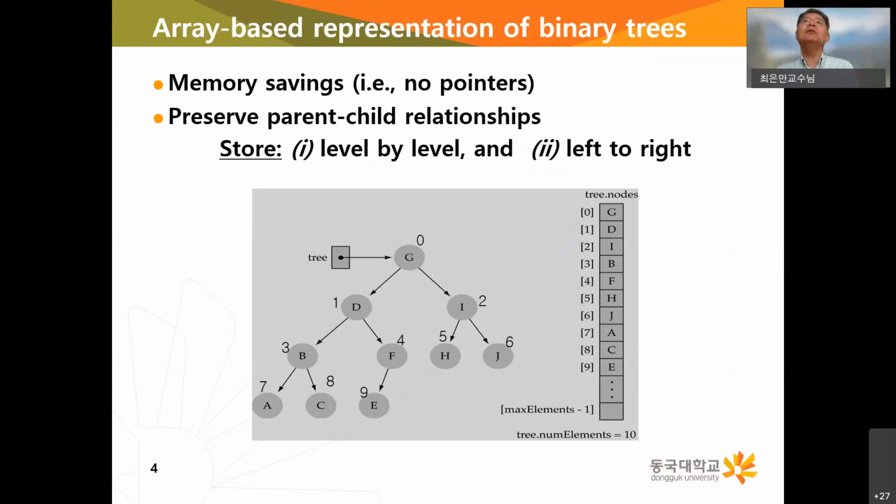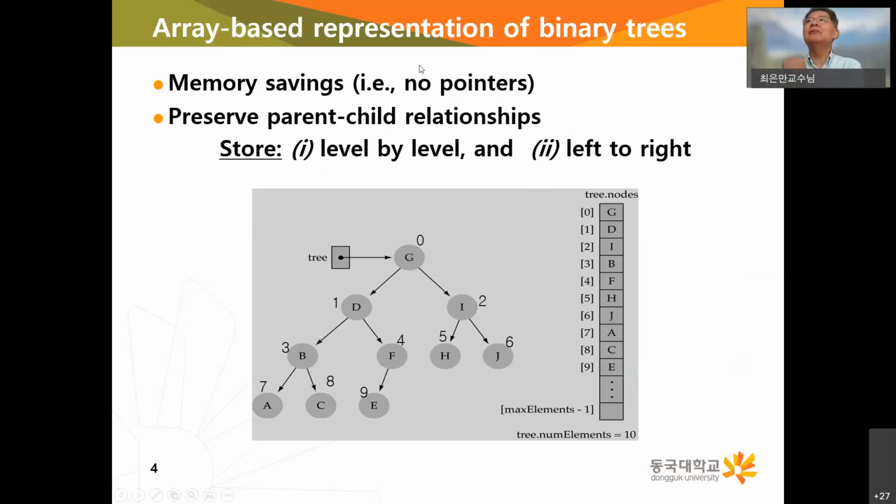Okay, next one. All right, that's the complete binary tree definition. Okay, this one is the implementation for the full or complete binary tree. In the case of a full or complete binary tree, the array-based representation is more efficient than the linked list type, right?